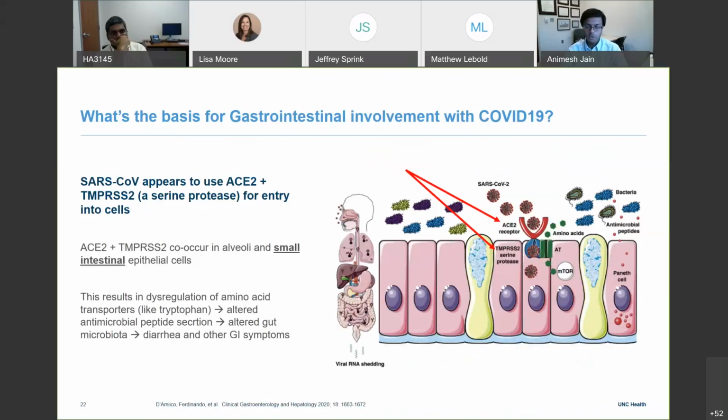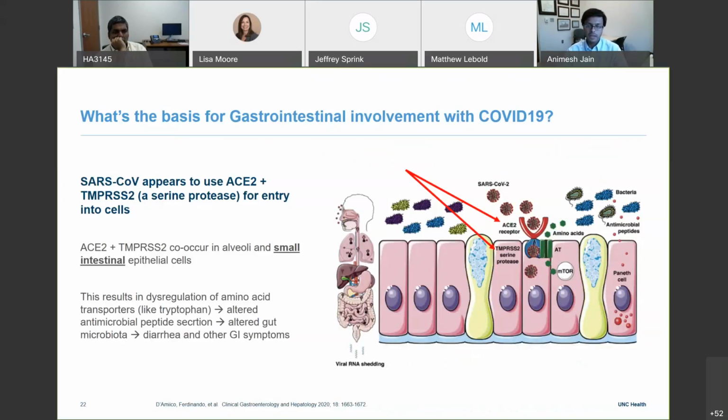However, the story is not quite that simple. There's a little bit more going on. It actually appears that the virus needs expression of not just ACE2, but really uses a protease called TMPRSS2, and co-expression of ACE2 and this TMPRSS2 protease is really what's needed for effective viral entry or invasion into the cell.